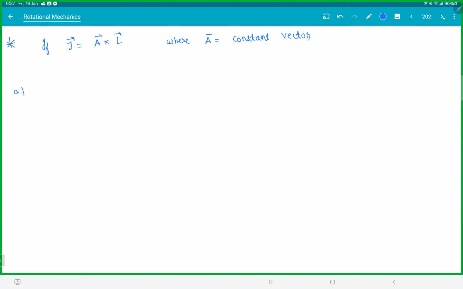Options will be like this. They will say angular momentum is constant. Mod L bar is constant. Component of L bar along A bar is constant.